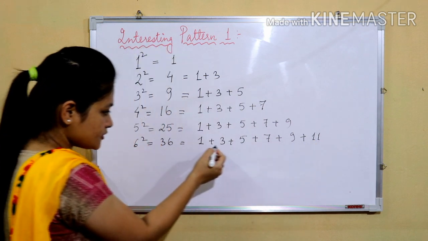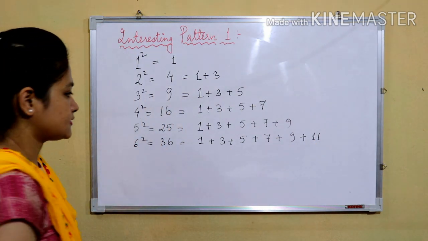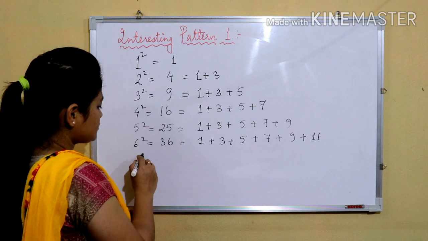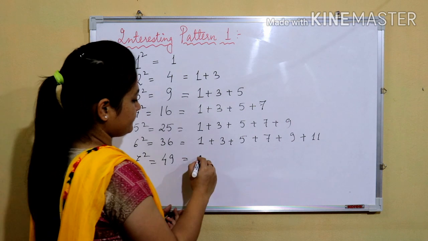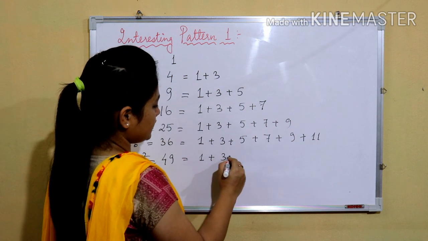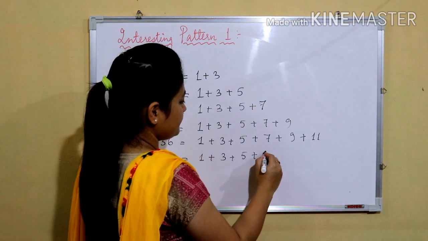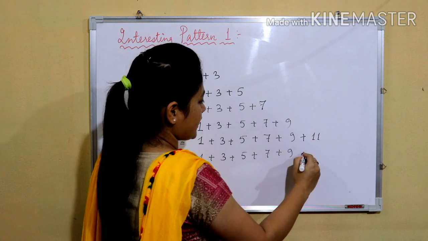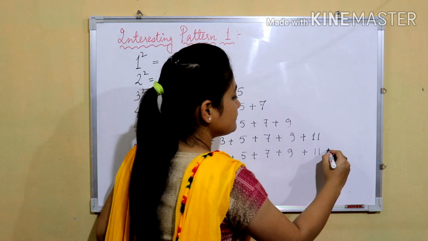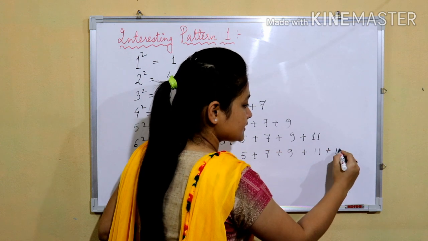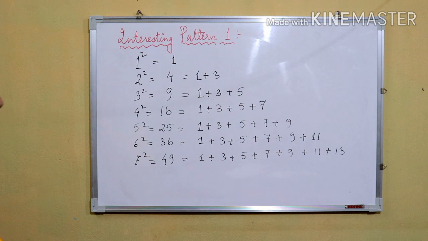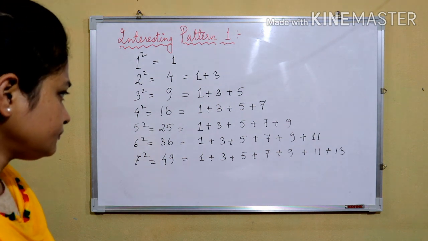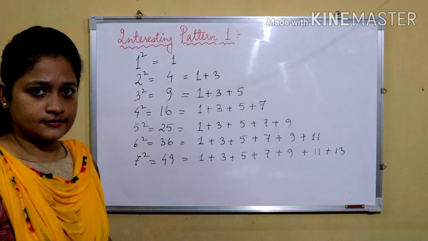If you add these numbers, you will get 36. 7 square is 49. So what can I write here? 1 plus 3 plus 5 plus 7 plus 9 plus 11 plus 13. So these numbers 1, 3, 5, 7, 9, 11, 13 are your odd numbers.